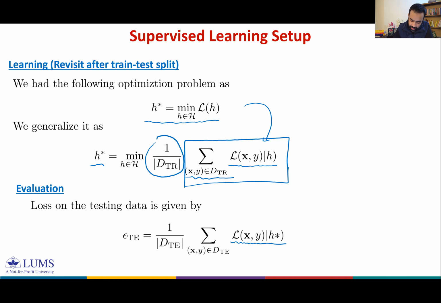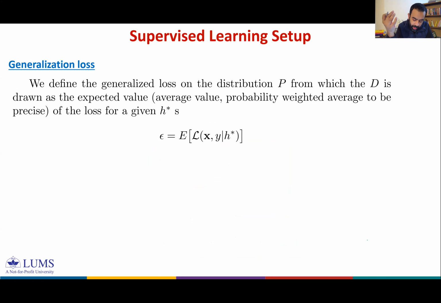So let's talk about generalization loss. We define the generalized loss on the distribution P from which the data D is drawn as the expected value or average value, or we call it probability weighted average to be precise. What is the generalization loss?